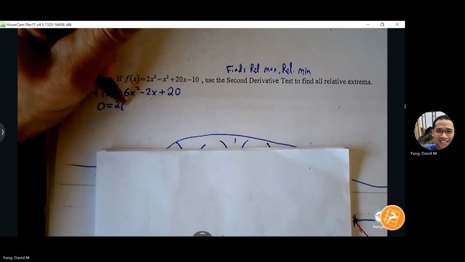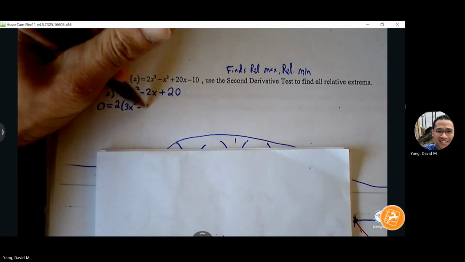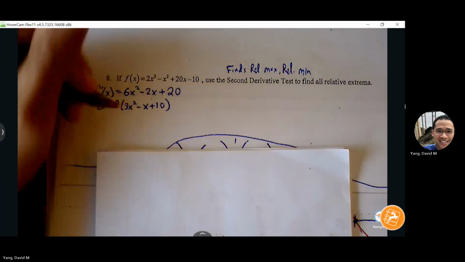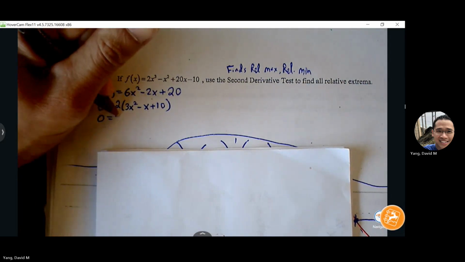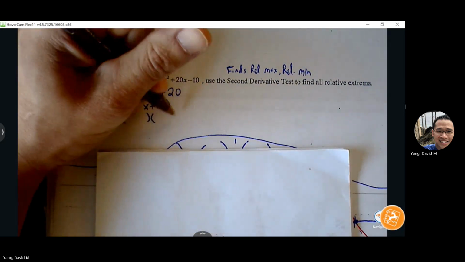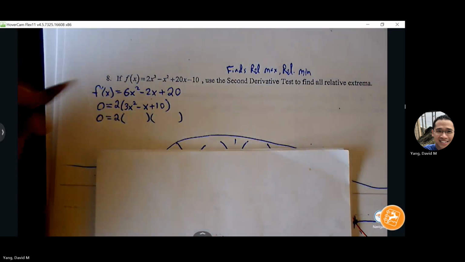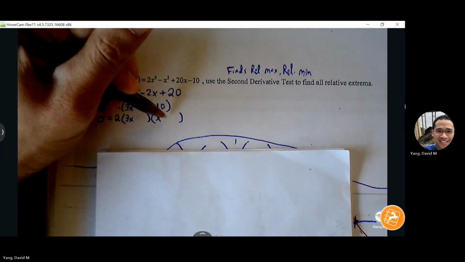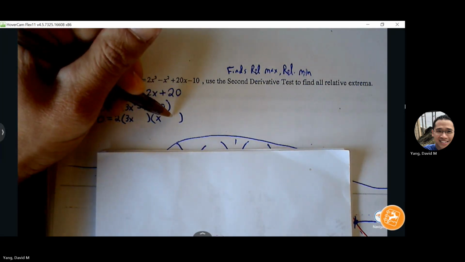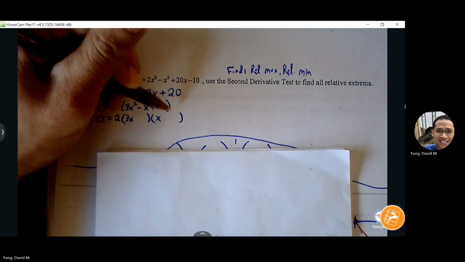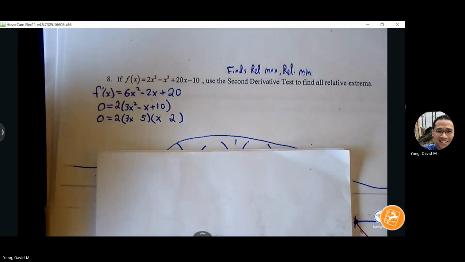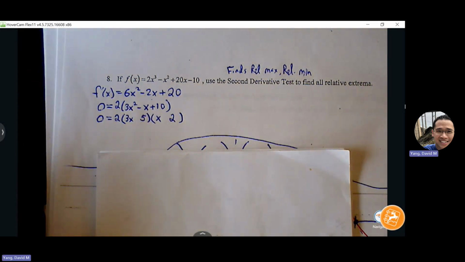Factor out a 2. On the key it says that it's negative 20x.